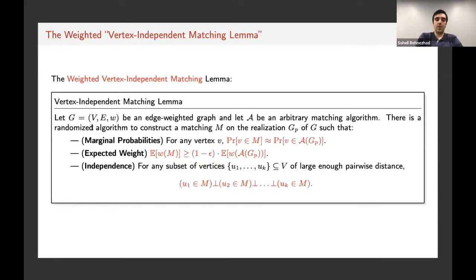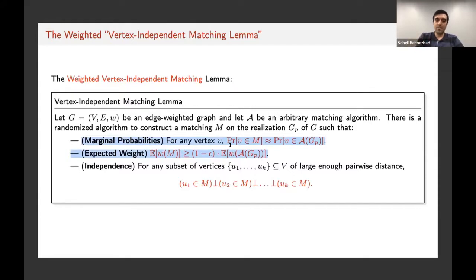So suppose we are given this graph G, and again a stochastic subgraph GP of G includes each edge with probability P. Now you give me an arbitrary randomized matching algorithm A, possibly with any correlations. What I give you is another matching algorithm for producing a matching M, where this matching algorithm is very close to your algorithm in the sense that each vertex is matched with roughly the same probability.